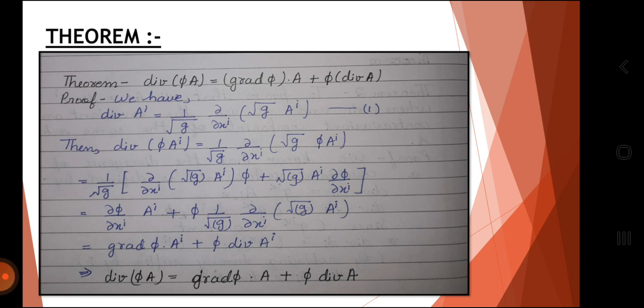This can be written as grad phi dot A^i plus phi divergence of A^i. Now we can say that divergence of phi A equals grad phi dot A plus phi divergence A.